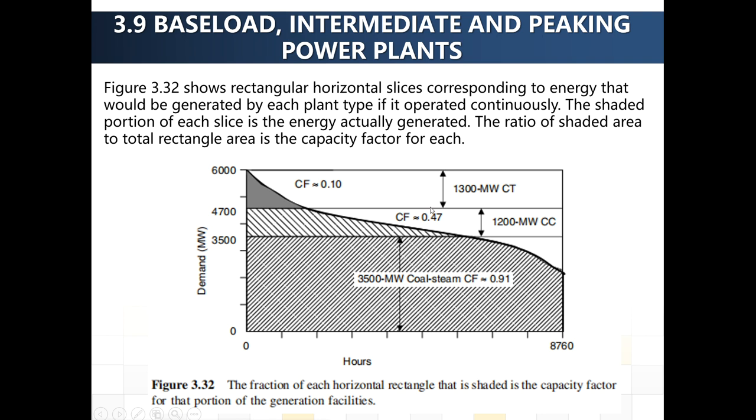And we can use this equation to calculate the corresponding capacity factor for each type of power plant.